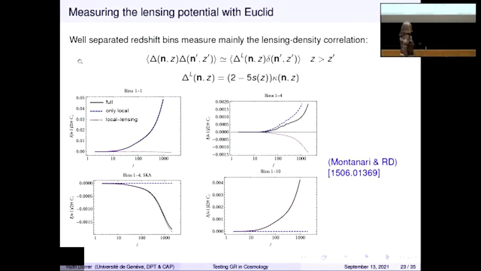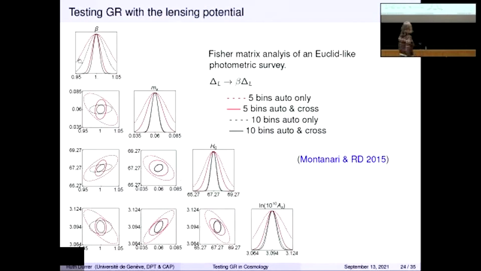So we have now done the following thing. We have said, okay, the lensing term in general relativity, we know how to calculate it. Let us assume it would be proportional to the one in general relativity with some unknown proportionality factor, beta. How well can we determine this beta? Here I showed that we used many more parameters.